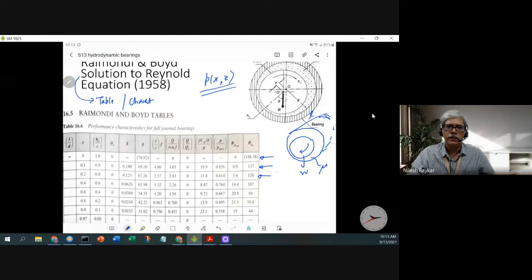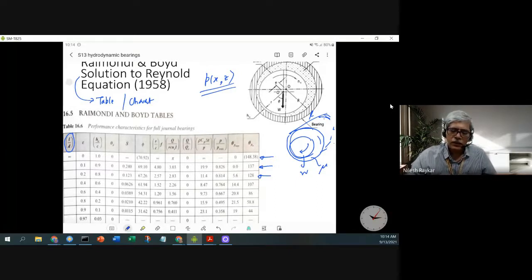So all of these parameters satisfy the Reynolds equation for a particular combination of all the design parameters that we have seen here. So let's look at this particular table and then look at the various parameters which are there. The first parameter is the length to diameter ratio of the sleeve.